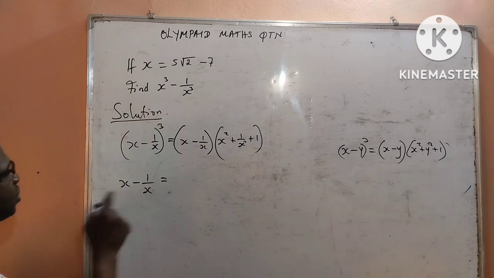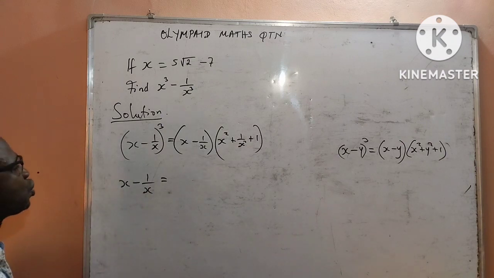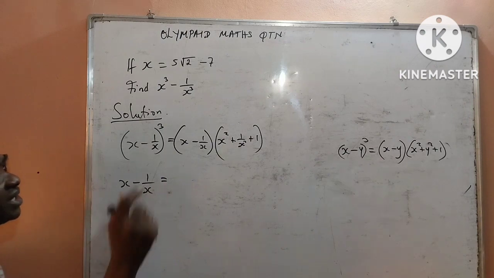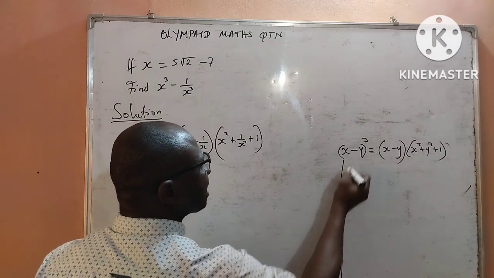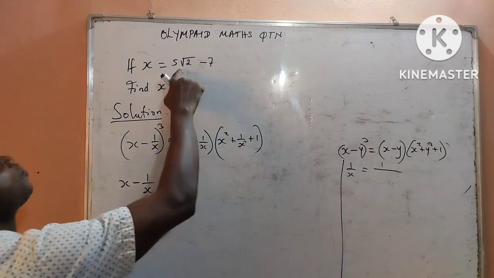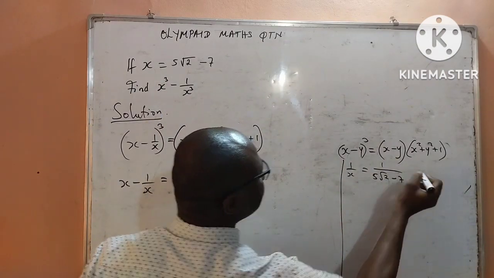I will begin to substitute. But looking at the nature of the question I am given, I want to first go stepwise by finding 1 all over x. That means I shall be looking for 1 over x as 1 all over 5 root 2 minus 7.